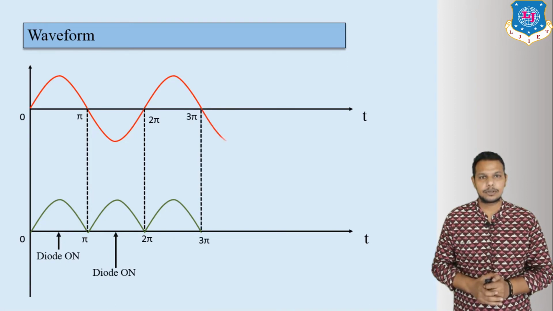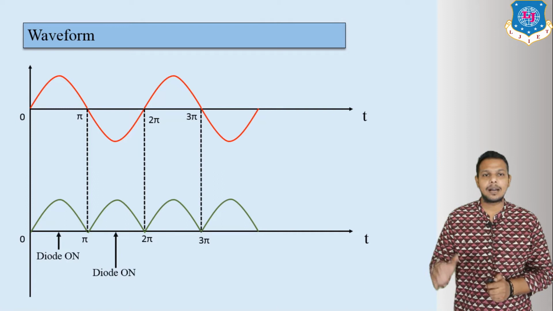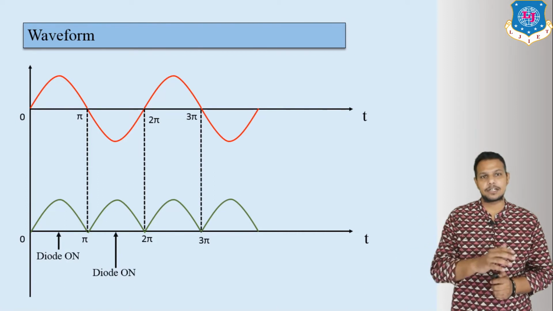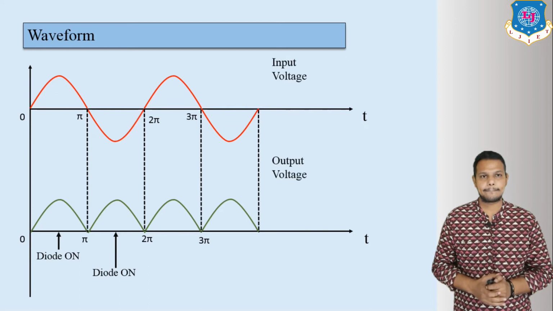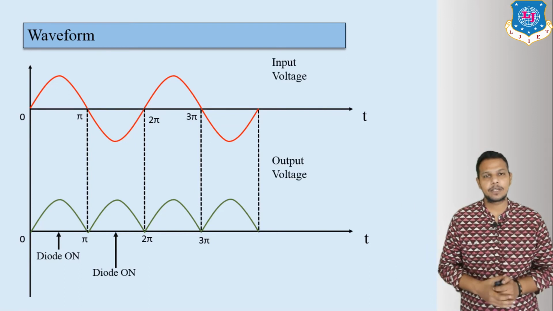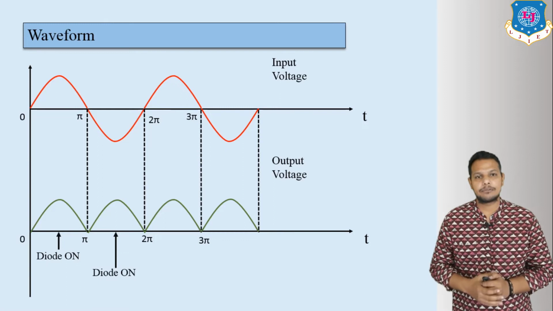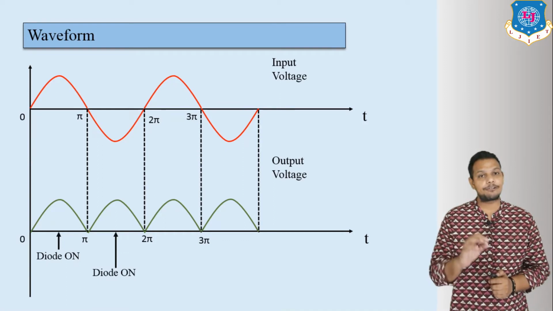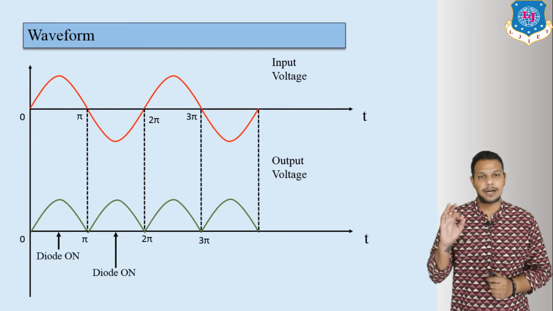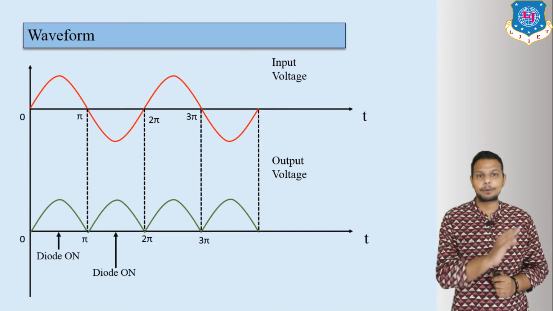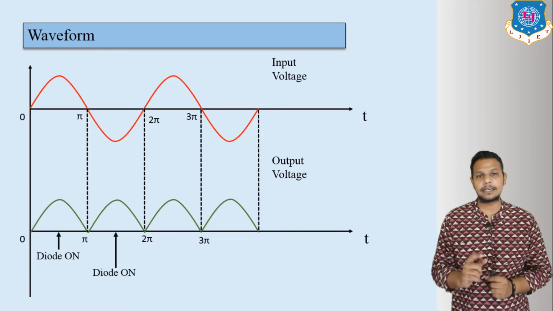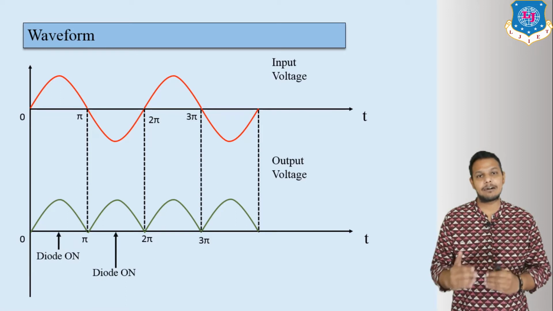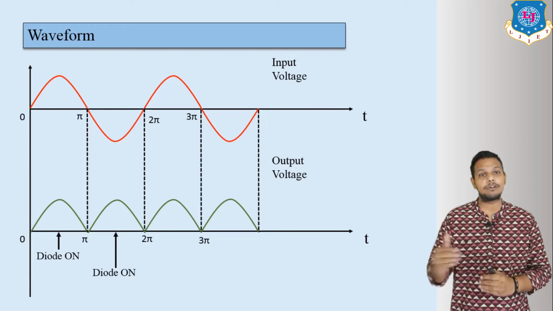So this is the final output which we will get after this construction. Now, input to output waveform. From this waveform we can conclude that this is the full wave rectifier, because after this operation we finally get positive half cycles only. So that's the reason it is known as a full wave rectifier.